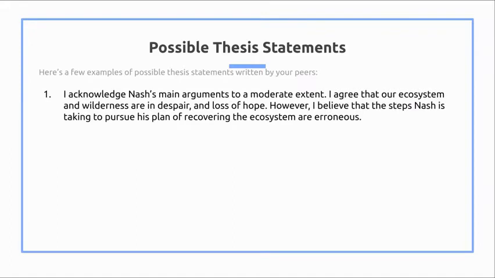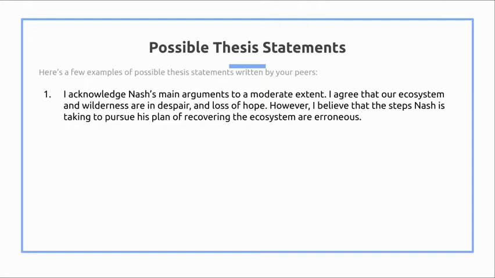I acknowledge Nash's main arguments to a moderate extent. I like that judgment of how much this young scholar agrees. I agree that our ecosystem and wilderness are in despair and loss of hope. However, I believe that the steps Nash is taking to pursue his plan of recovering the ecosystem are erroneous.